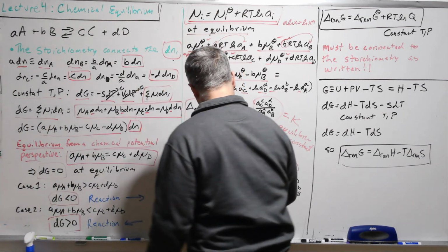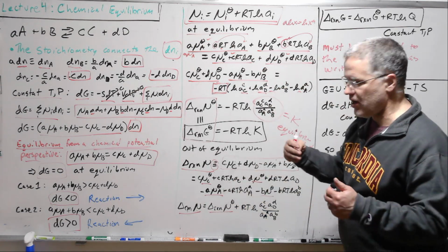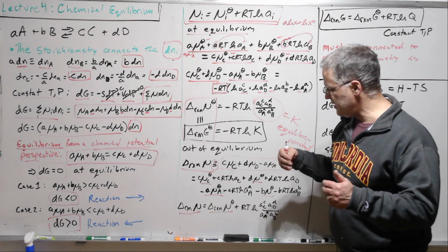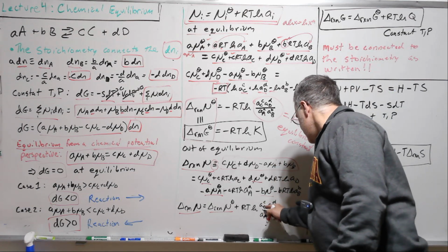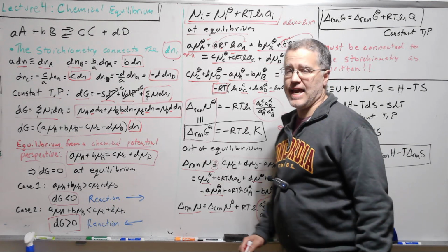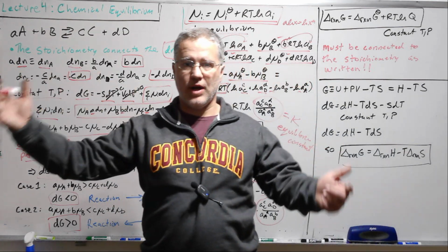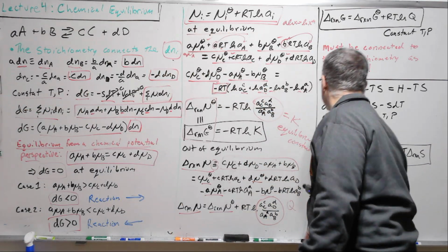And then we have all these log terms. Well, we'll do something very, very similar. We'll pull out an RT, not a negative RT this time, but an RT, and write this so that we have products over reactants again. This whole thing is not K anymore because we don't know where we are in the reaction. This is Q, the reaction quotient.